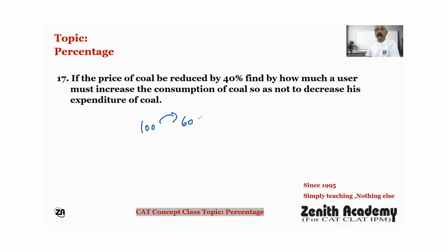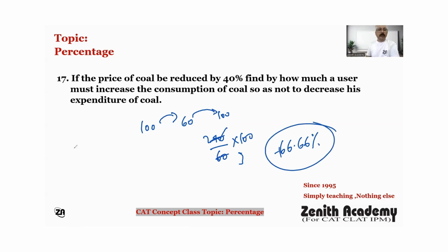So 60 plus 40 become 100, means 40 upon 60 into 100, and you will get the answer. Right? 200 by 3, 66.66%. राइट, इस तरह से आप सोचिएगा, ये छोटे छोटे क्वेश्चन है, अभी इनको हम लोग आगे देखेंगे.